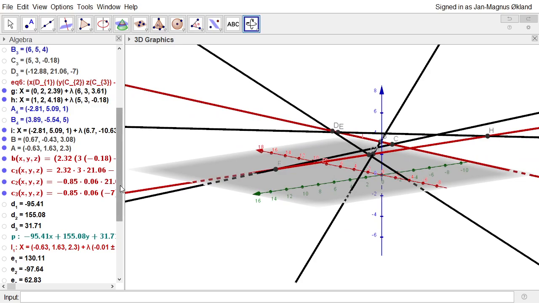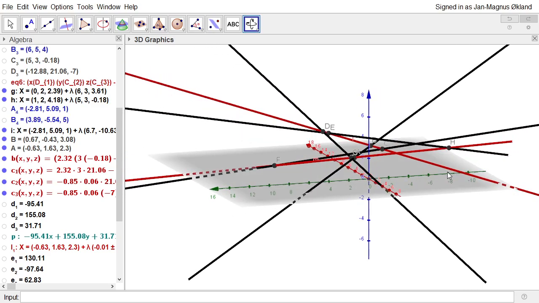If you want the answer to be prettier, you can work with complex projective three space, and P1 cross P1 is then the hyperboloid of one sheet, and then you get that all lines meet the P1 cross P1, and you always get two lines meeting four given lines, up to multiplicity.